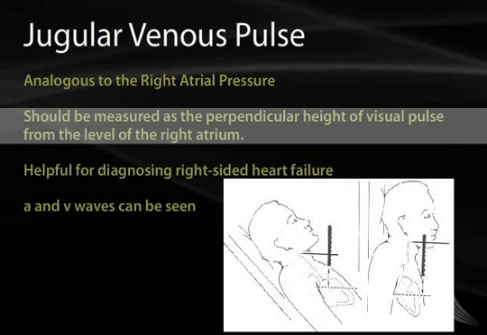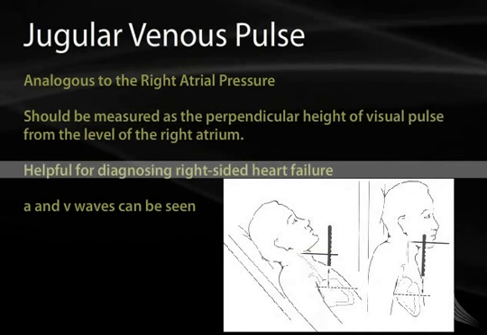You measure the distance from that lateral point down to the angle of Louis, and then add about 4 or 5, depending on how tall the patient is. This is because the right atrium is usually 4 to 5 centimeters below the angle of Louis. Once you add 4 to the number of centimeters that the jugular venous pulse is above the angle, that will give you your approximate jugular venous pulse and will give you your approximate right atrial pressure.